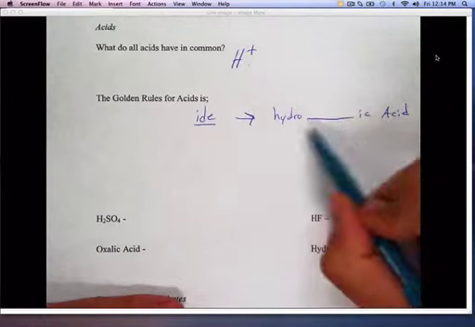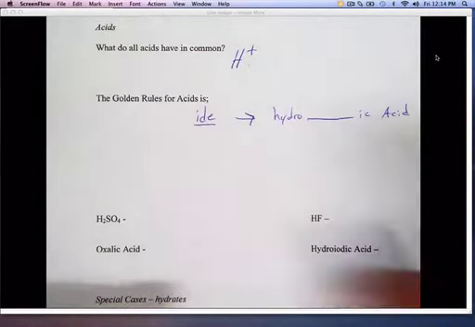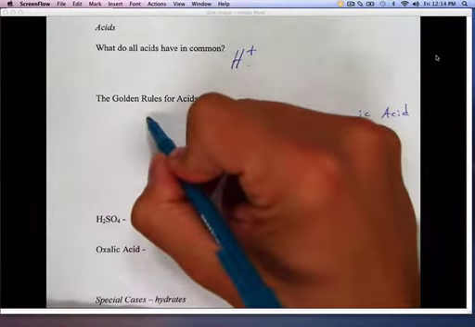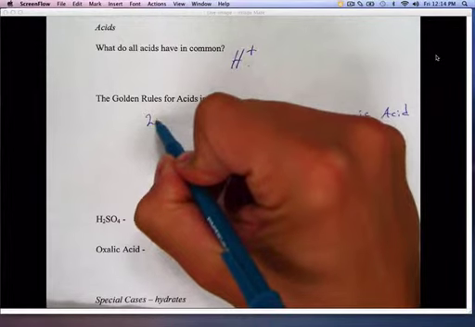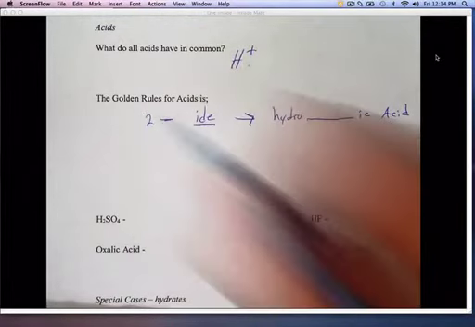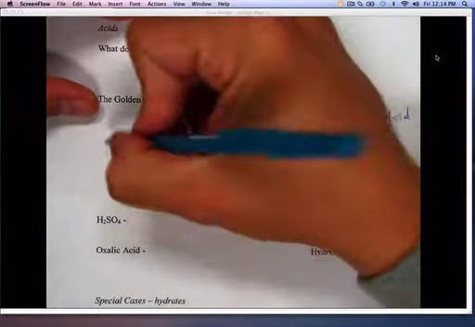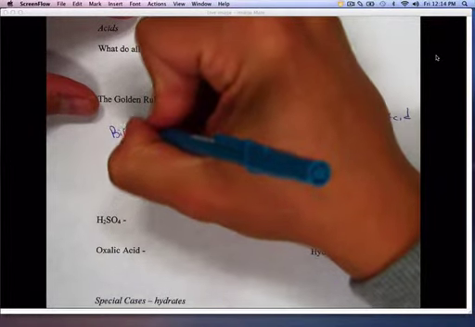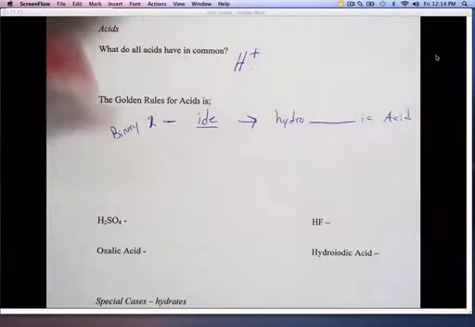So ide changes to hydro-ic acid. And this is for when you only have two atoms. This is for a binary compound.